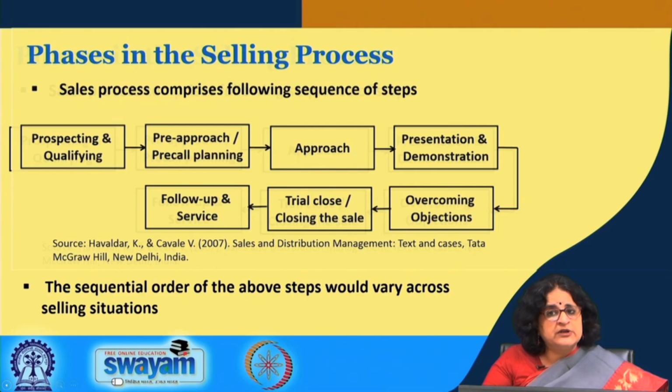It may also happen that the process may get halted in between or may get totally terminated in between. But it's important that the salesperson carries out this process as efficiently and effectively as he can, so that there is a sale and the customer is satisfied at the end of the day, and it could be mutually beneficial for both the company as well as the customer.